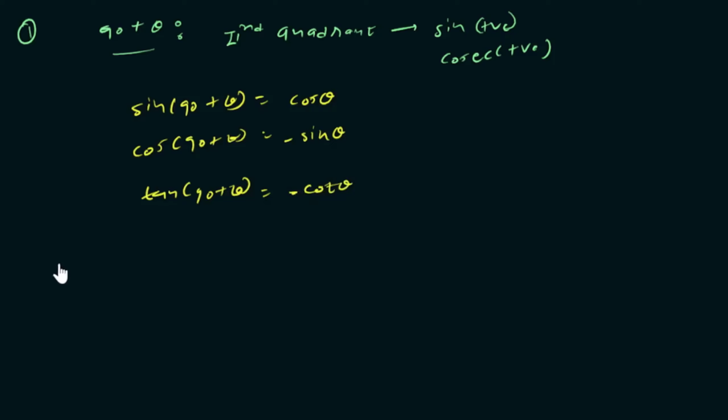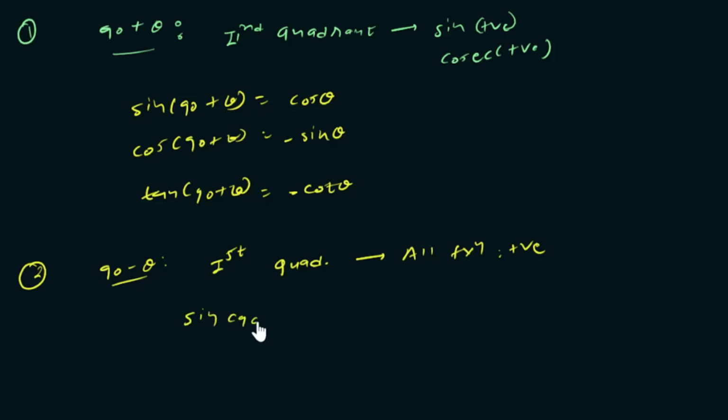Now let us move to the second kind of angle, which is 90 minus theta. Now 90 minus theta is in the first quadrant, and all the functions are positive. So sine of 90 minus theta, cos of 90 minus theta, and tan of 90 minus theta.